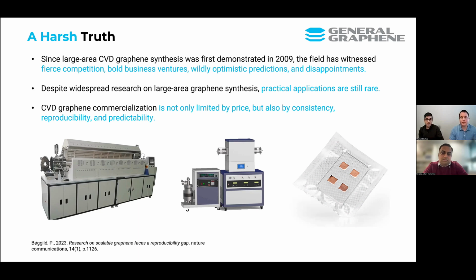The reality is that, despite widespread research on large area graphene synthesis, practical applications are still not common, and commercialization is not just limited by price, but also by factors such as consistency, reproducibility, and predictability as far as the graphene material itself is concerned.